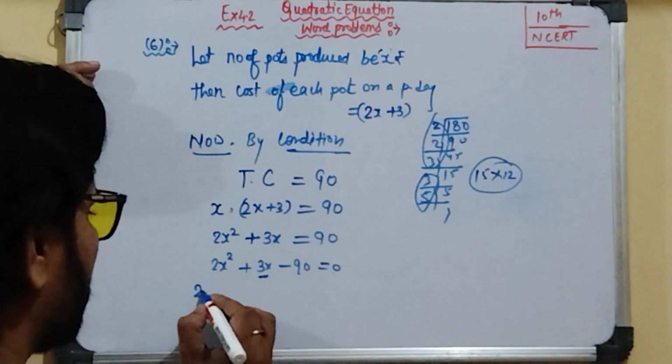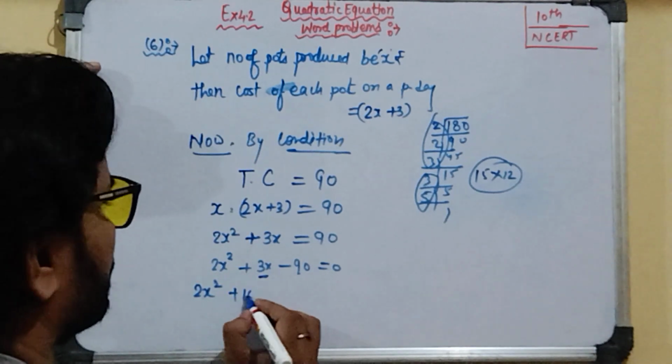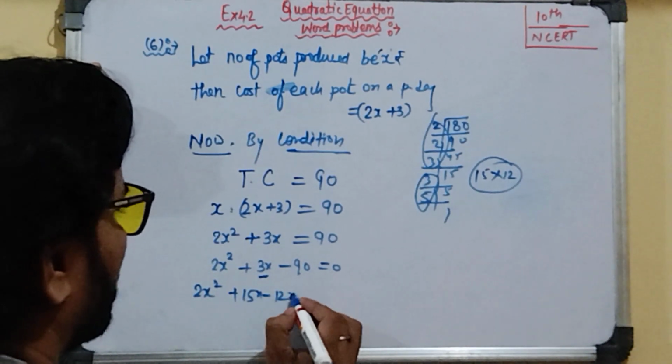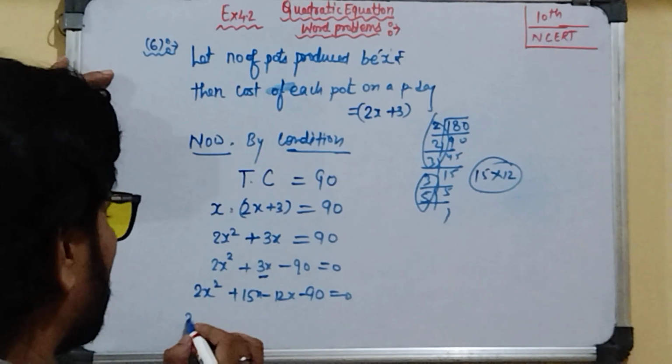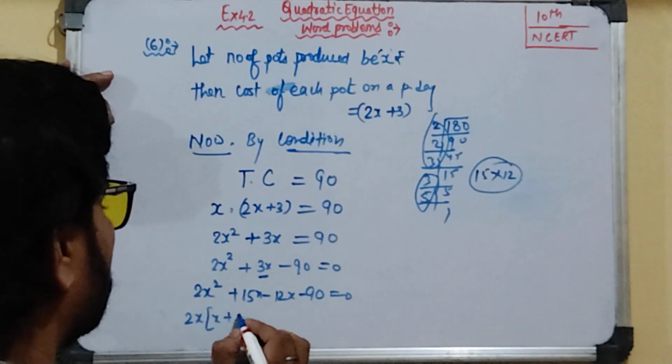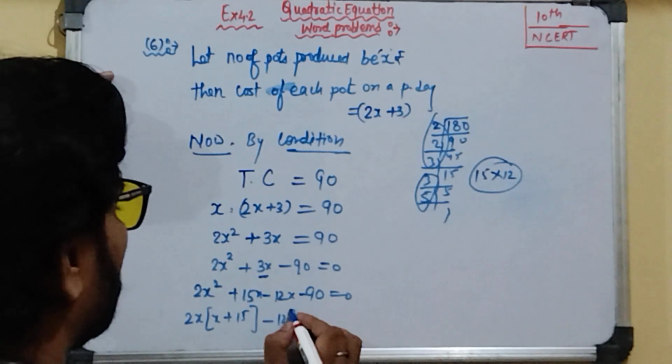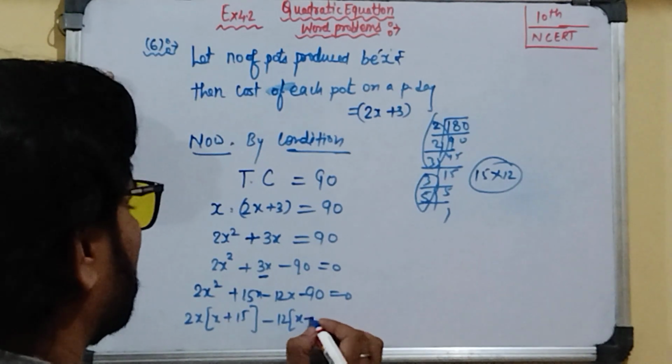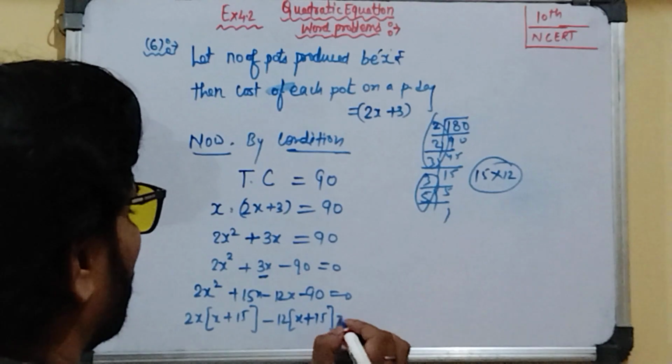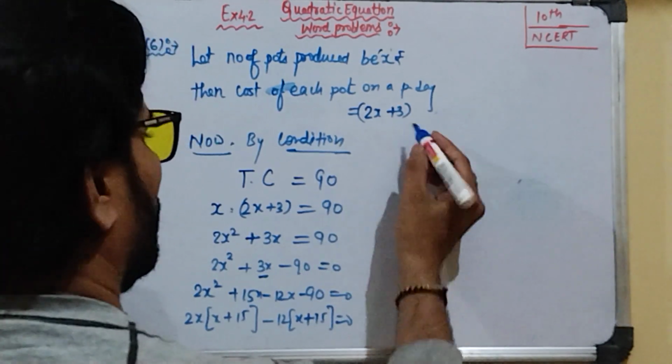Then we can write 2x square plus 15x minus 12x minus 90. 2x will be common, then we get x plus 15, and minus 12 will be common, then we get x plus 15.